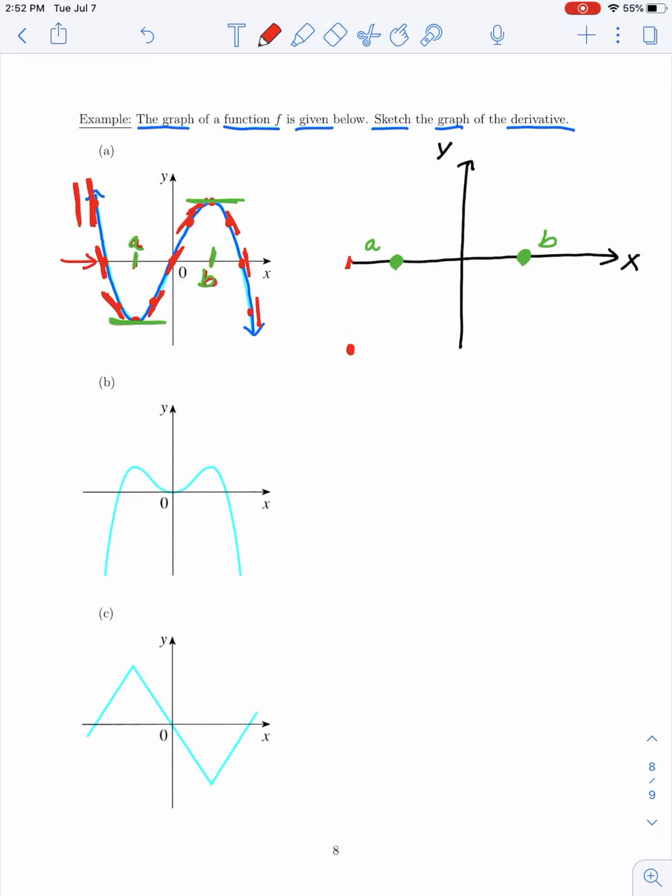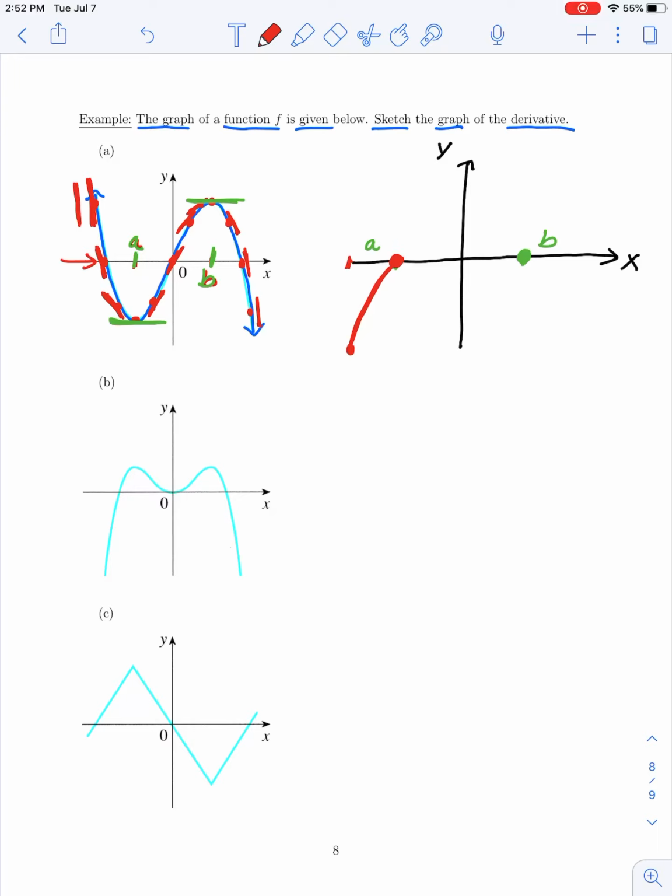That is, we're getting smaller and smaller negative numbers. So the graph of my derivative starts to increase. So we're getting smaller negative numbers. And we know that when x is equal to a, we have to pass through this 0 point where we had a horizontal tangent.